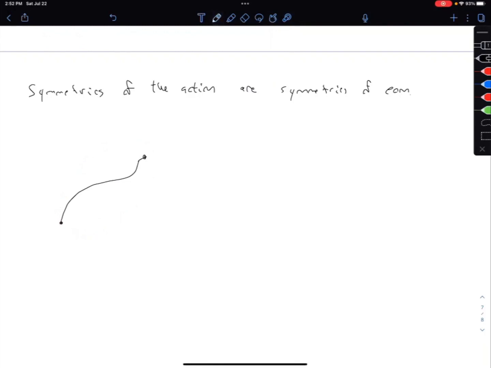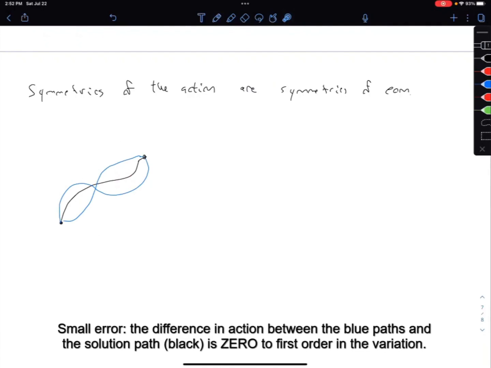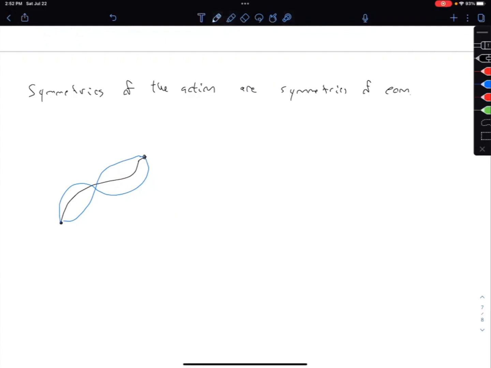So what that means is that if I were to consider other paths around it, then the difference between these paths and the solution path is going to be first order in the variation between these two things. That's what it means for this thing to be a solution. So then what happens if I just deform all these trajectories in the same way?